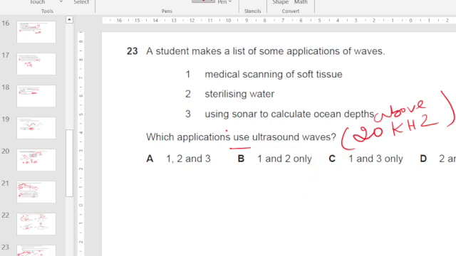So we know that ultrasound waves are used to find the ocean depth, sonar, and it is also used for scanning of soft tissues. Yes, but in sterilizing water we will be using ultraviolet rays, which is ruled out. Hence option C is the correct option. 1 and 3 use ultrasound waves.